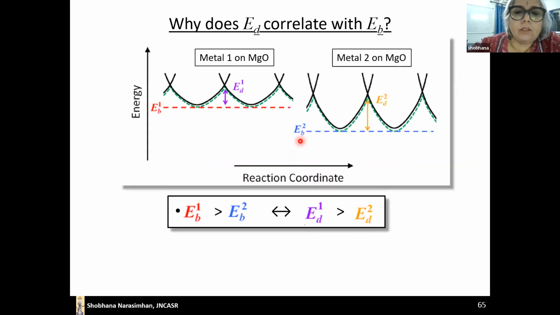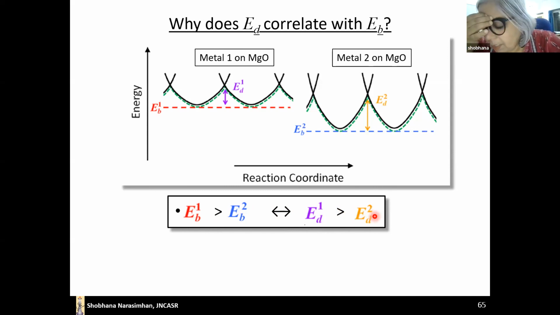So if I draw 2 different energy landscapes for the case of metal 1 on MgO and metal 2 on MgO, you can see that if I make the binding energy stronger by making the wells more deep, then automatically the diffusion barrier also increases. So if the binding energy is more for metal 1 than for metal 2, then the diffusion barrier is also more for metal 1 than for metal 2.